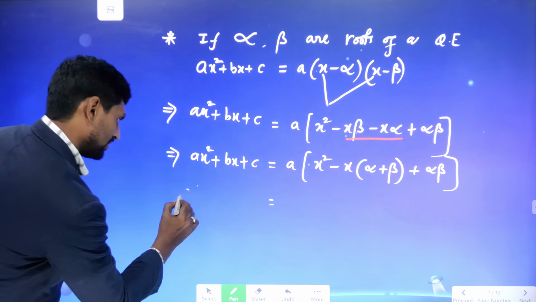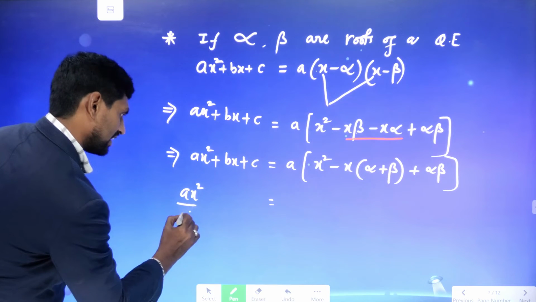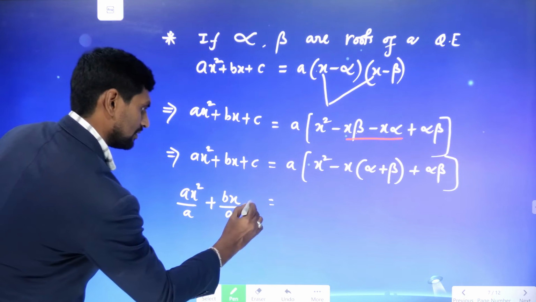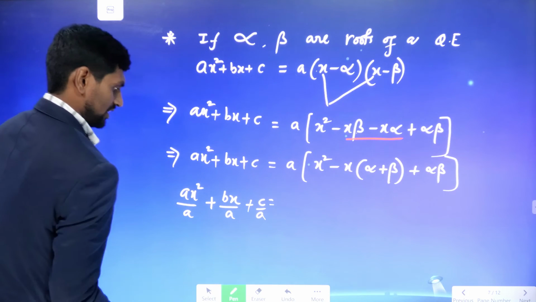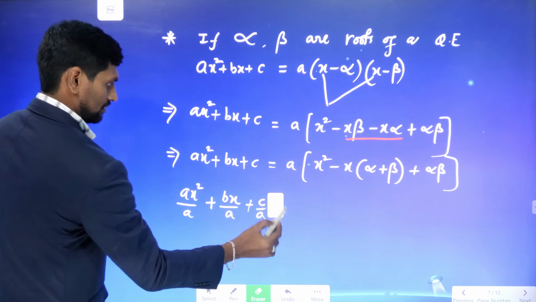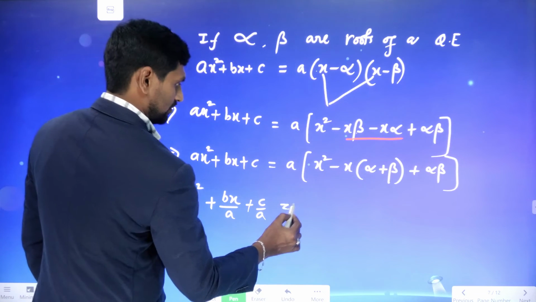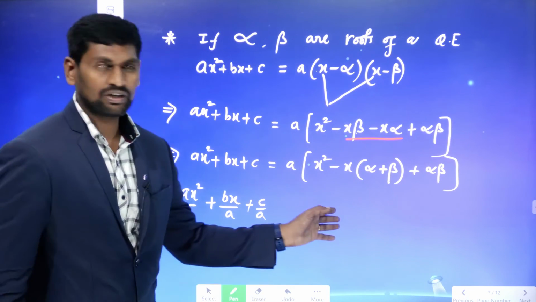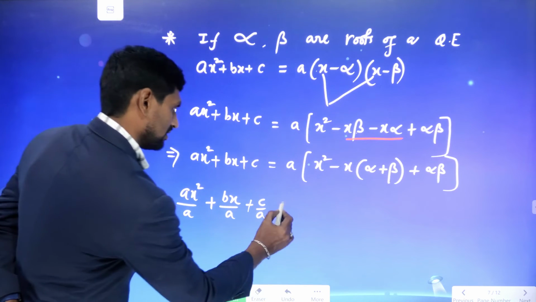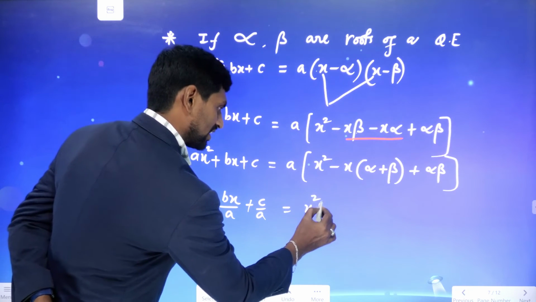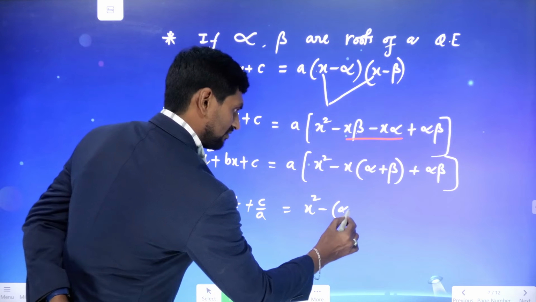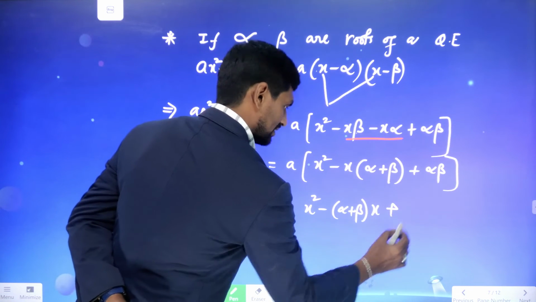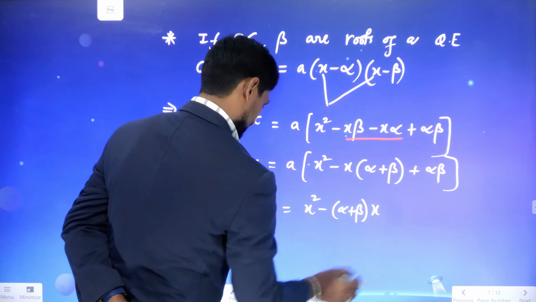So it divides each and every term, ax square by a. That is equal to x square minus (alpha plus beta) into x plus alpha beta.